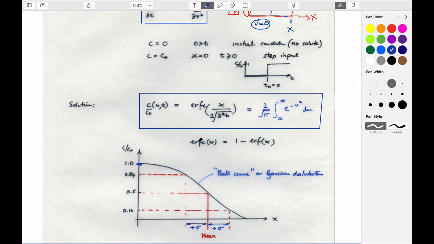It turns out that this error function here is basically a cumulative probability distribution. And so if you think about this, this is a grade point curve, right?